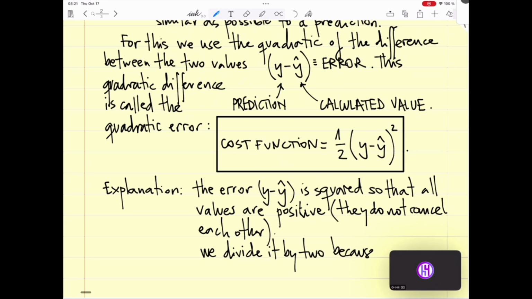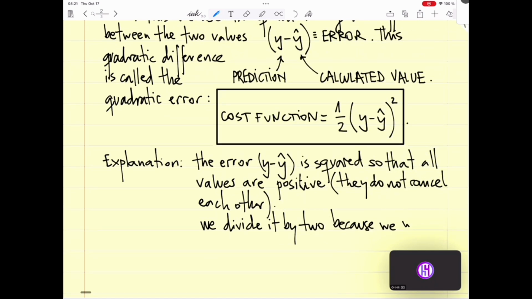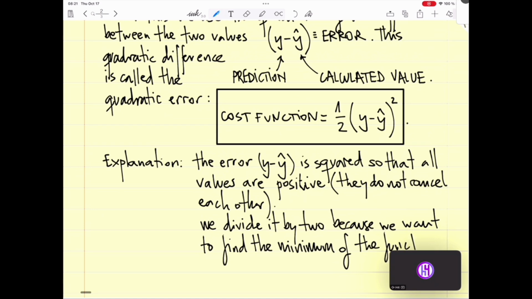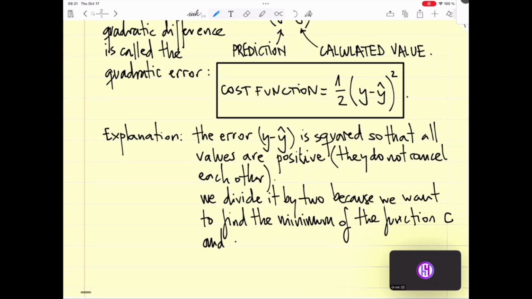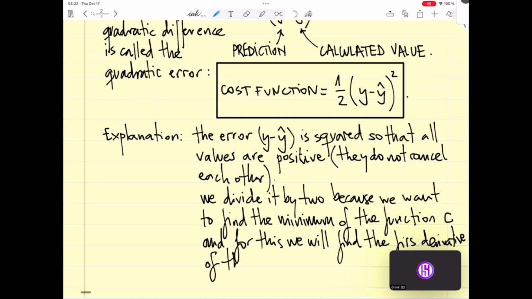Because we want to find the minimum of the function C, and for this we will find the first derivative of the cost function.